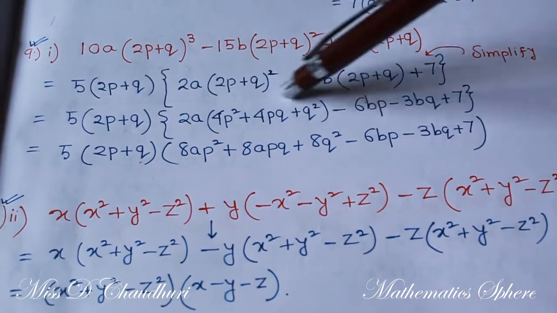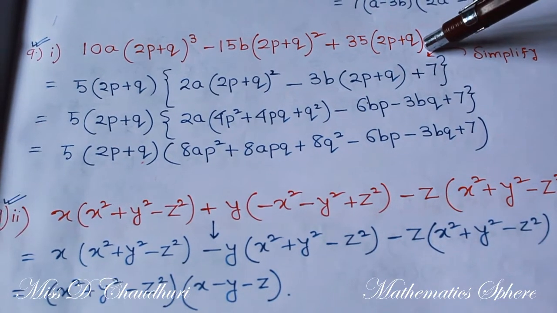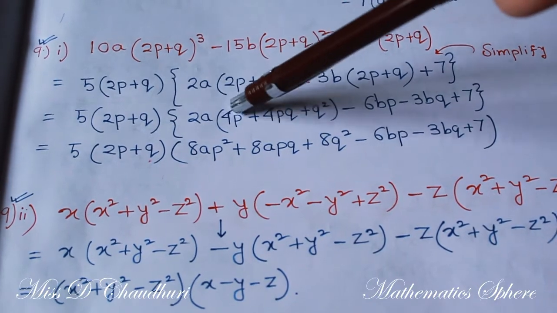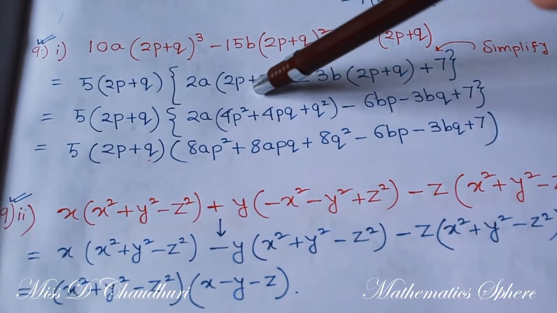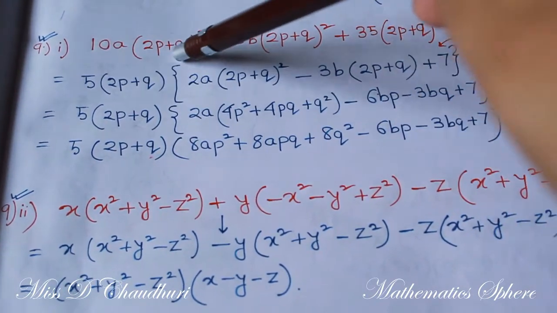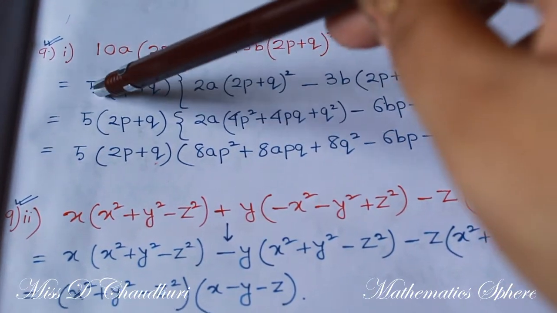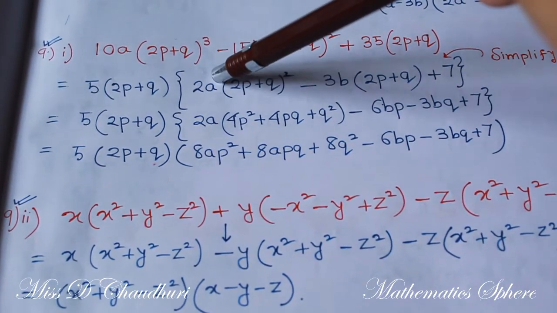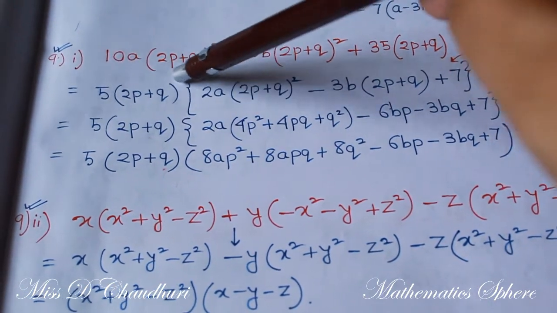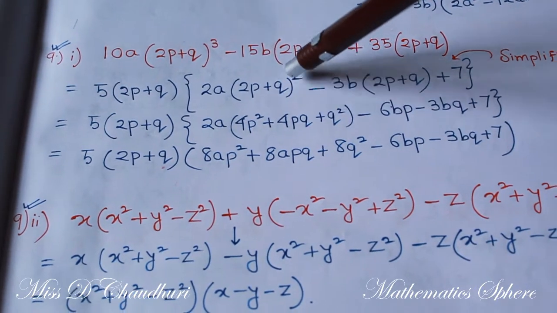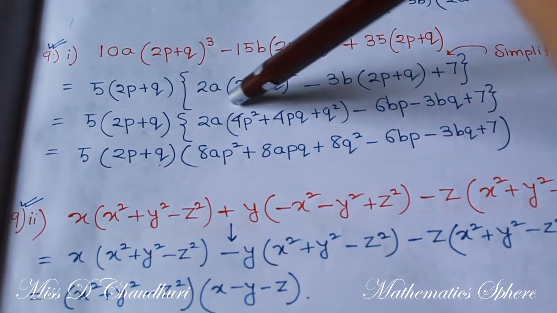Now we will have to write the remaining ones. Be careful here. So we give a bracket here. The second bracket is needed because in between the first bracket will come. Now see the first term. Out of this 10a, 5 has already gone out, so 2a will be remaining. Out of the 3 2p plus q's, 1 2p plus q is out, so here (2p plus q) whole square will be remaining. Be careful about this one.